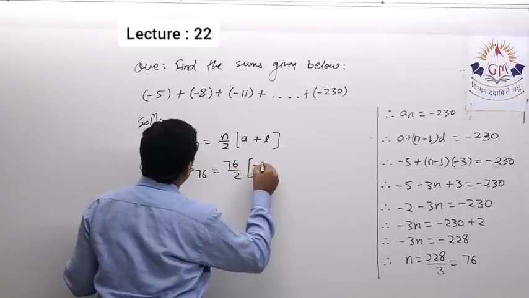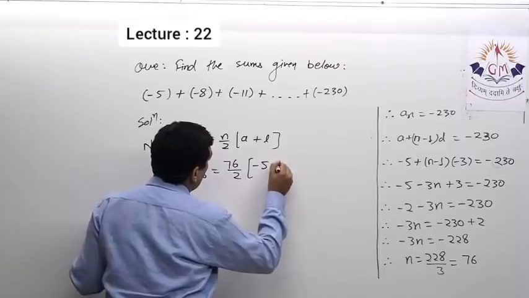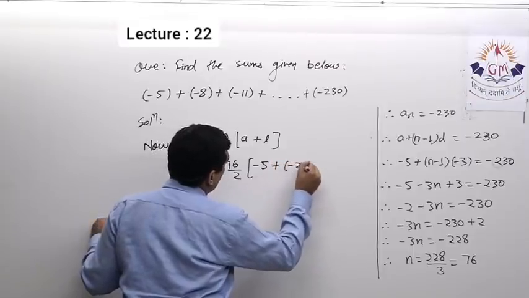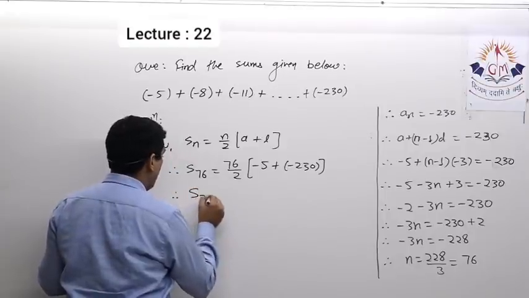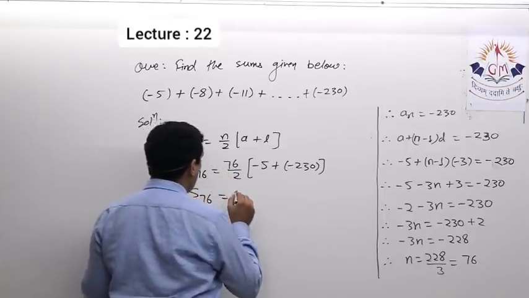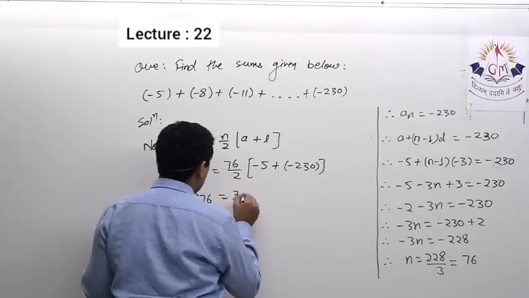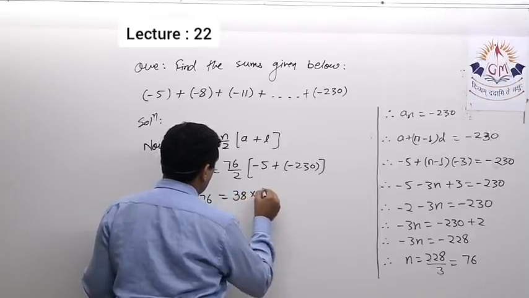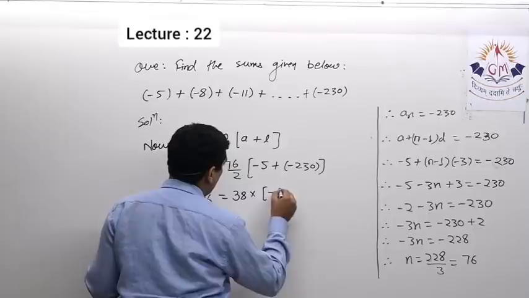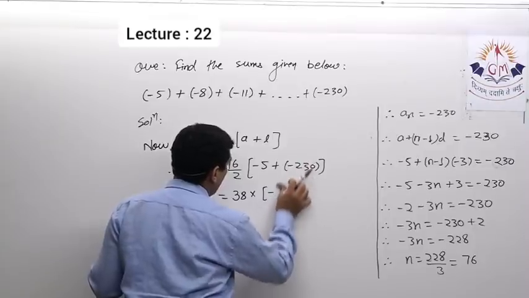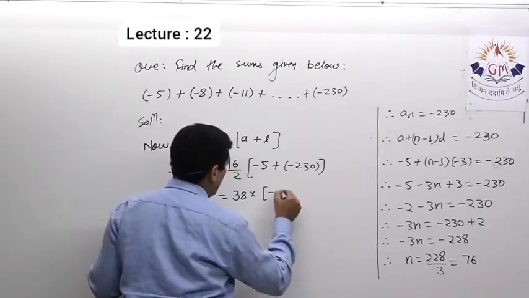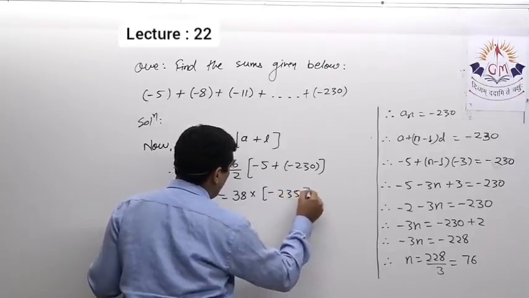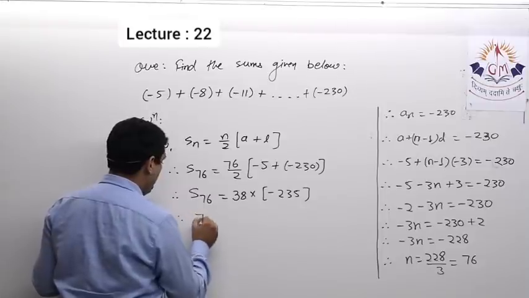Now A is minus 5 and L is minus 230. So S76 is equal to 76 by 2 times minus 5 minus 230, that is minus 235. Minus 235. So their product is the final answer.